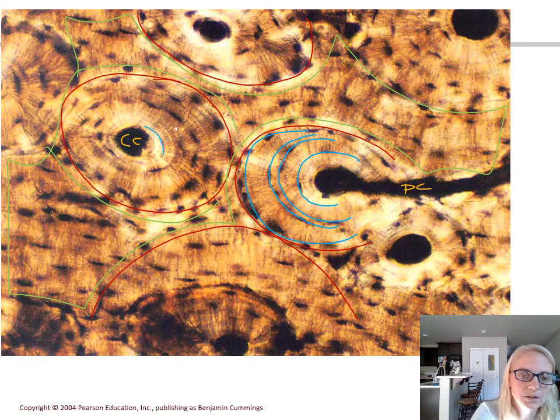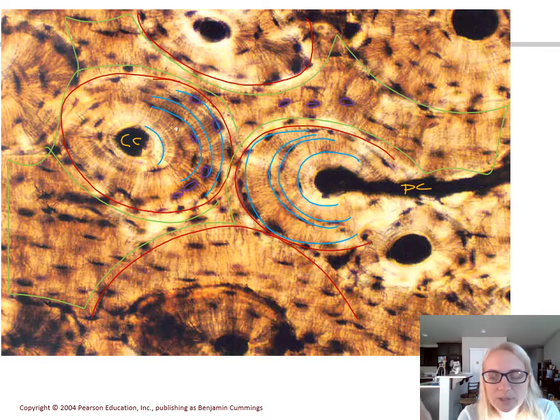All of these layers here, those are the concentric lamellae. And then lastly, we can see the osteocytes, the little black specks I'm going to circle with purple. So the osteocytes are sandwiched between all of these layers of lamellae.